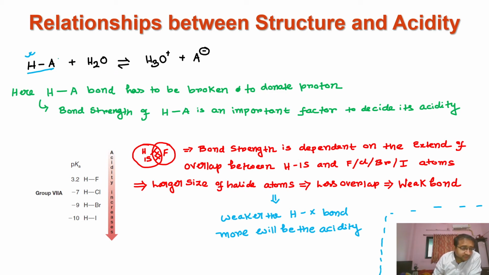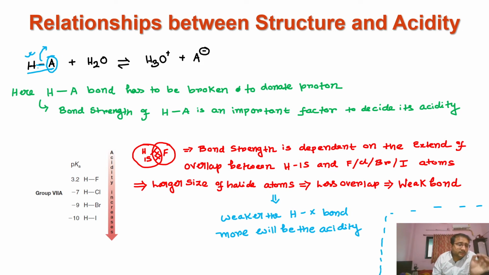or while dissociation of this compound, you can see that this HA bond is being broken. So the acidity of this compound will be fully dependent upon the ease with which this bond can be broken. If this bond can be broken very easily, then the acid can be dissociated instantly, so in that case it should have very high acidity.